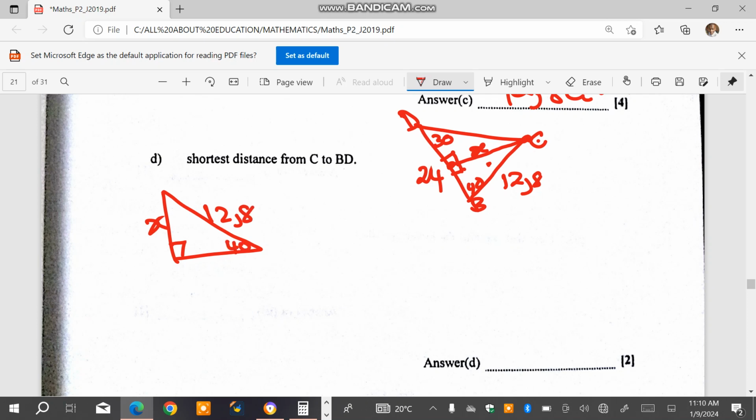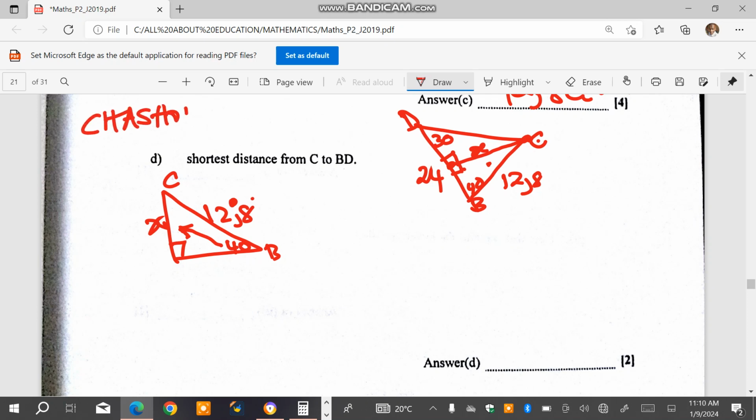So for me to get the value of x here, remember this is C, this is B. I need opposite over hypotenuse, because this is my hypotenuse.